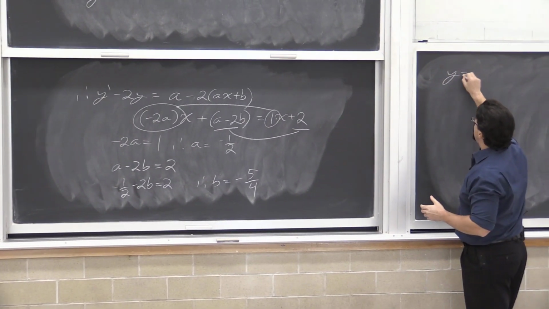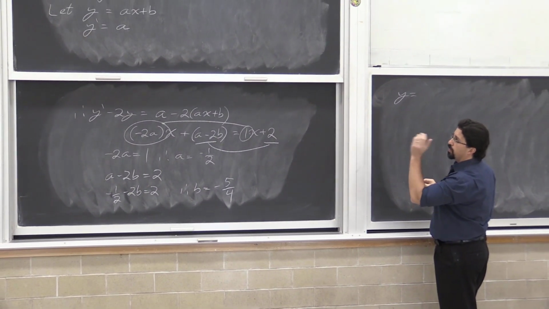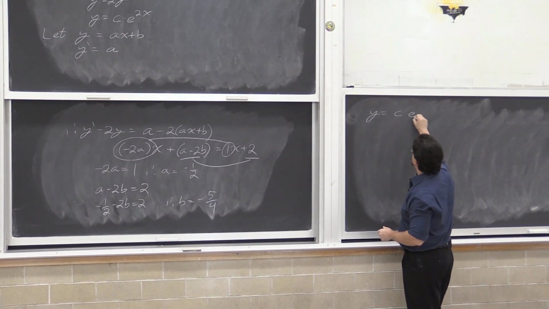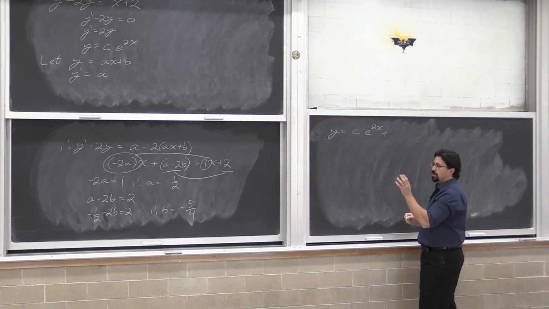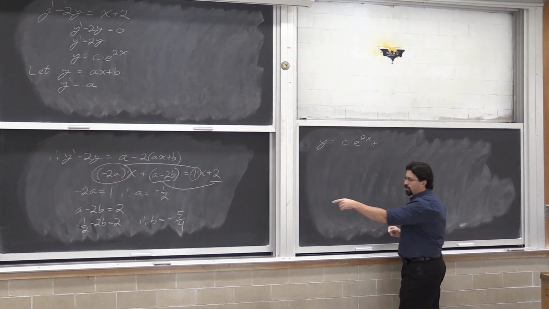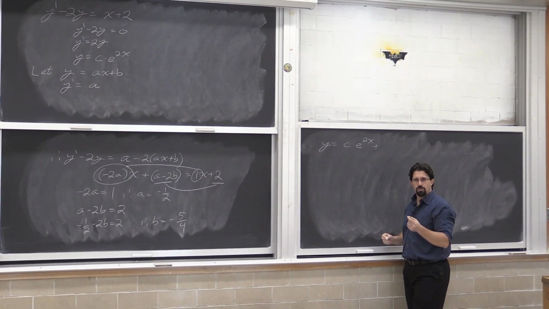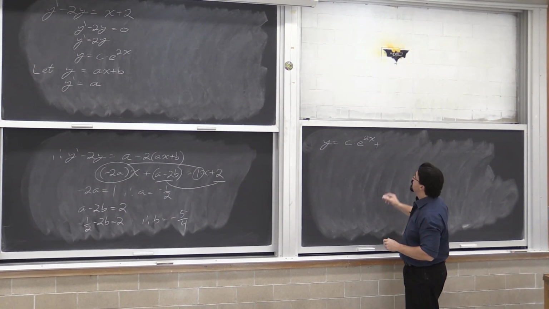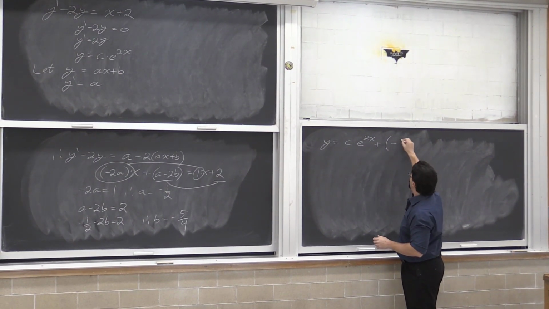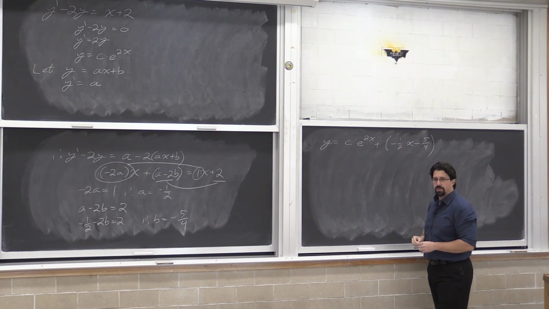What I'm going to end up with is y is equal to, first of all, the homogeneous part, c times e to the 2x, plus that bit over there that we have on the bottom left, we refer to it as the particular solution. Right? We're using the same terminology that is used in linear algebra. So we're going to have negative 1/2 times x minus 5/4.